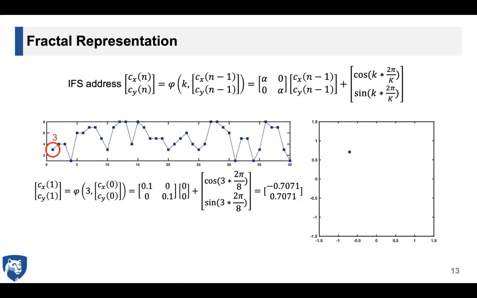So here we calculate the IFS address for each point in the signal. Let's say we have a label signal that looks like this, and then we start from the first state that we have.